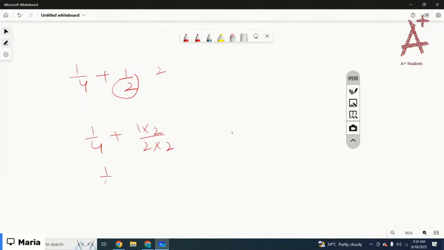So it is 1 over 4 plus 2 times 1 is 2 and 2 times 2 is 4, right? So they have like denominators, just add their numerators. So 1 plus 2 makes, very good, that would be 3 over 4. So the correct option is 3 over 4.